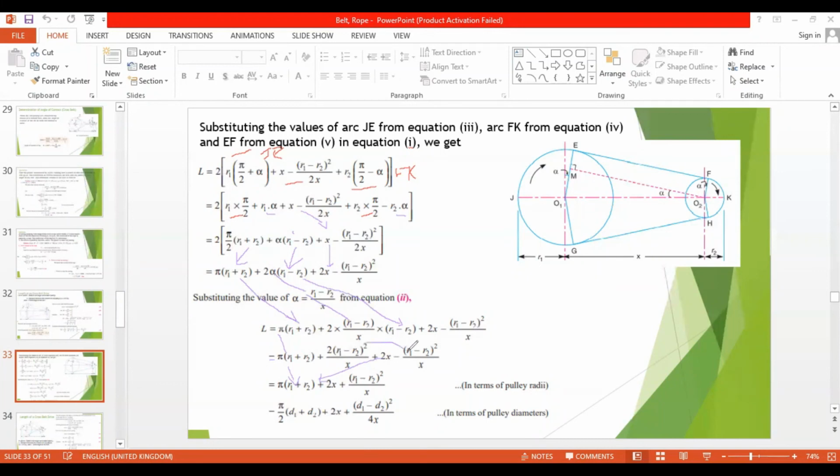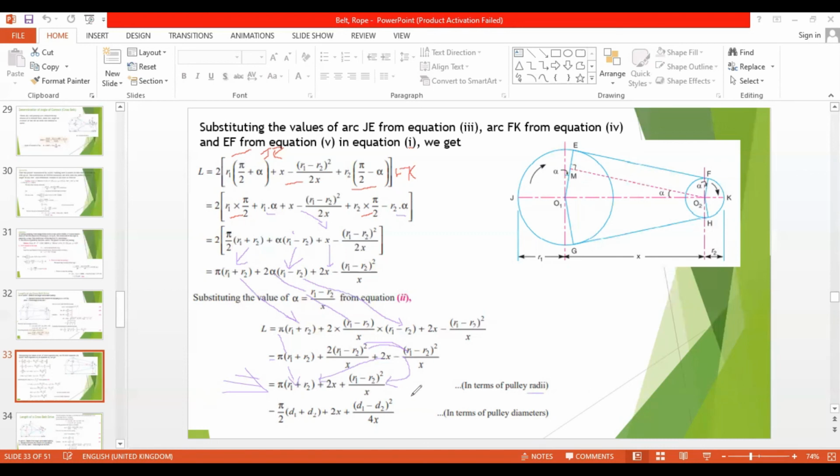When you solve these two and bring it down here, you will have r1 minus r2 whole squared by x, right? So this is your length of the belt, right? If you give it in terms of radius, you will have pi into r1 plus r2 plus 2x plus r1 minus r2 whole squared by x.